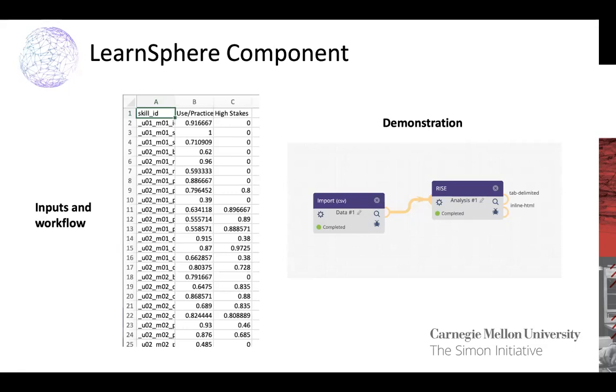So what you're looking at here on the screen is a snippet of the data set that I uploaded into LearnSphere, or will import. I'll show you how to do that. It has a listing of all of the skills. For OLI courses, we break all of our learning objectives down into skills.